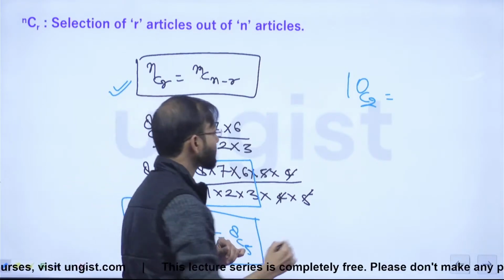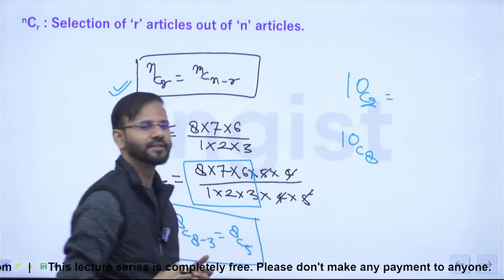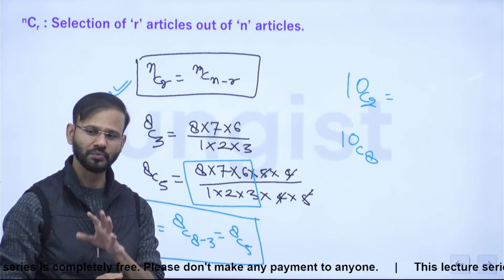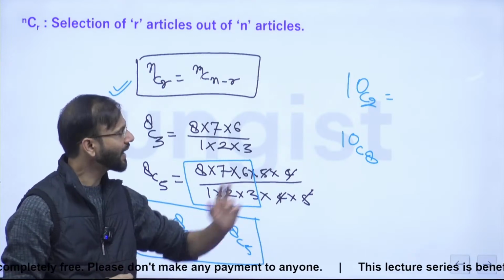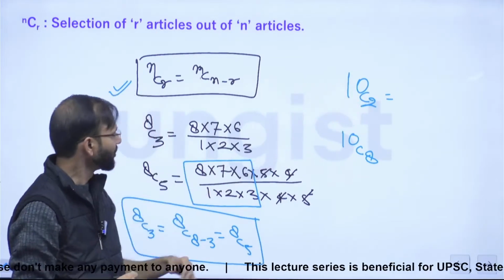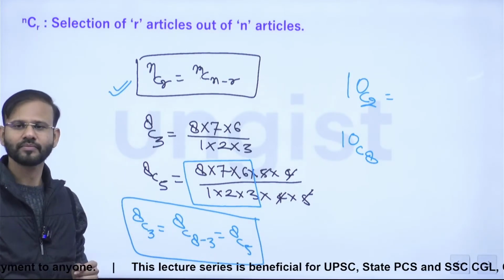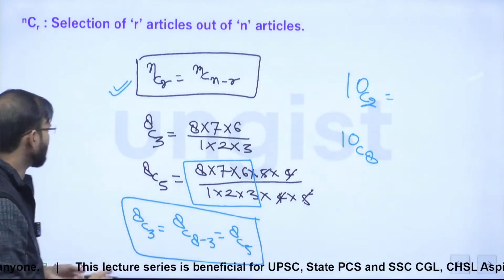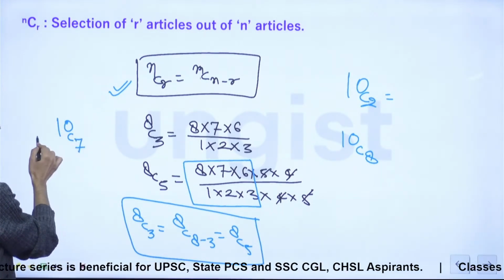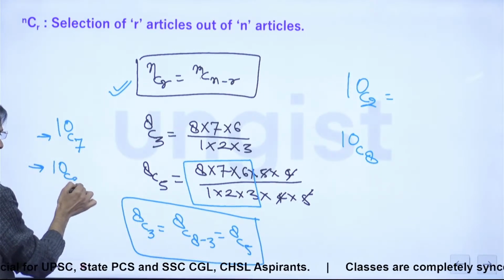So now guys, suppose that you have to find 10C8. Don't try to find 10C8. Rather try to find 10C2, and you know the value of 10C2, which is 45. If you need to find 8C5, then rather try to find 8C3. Again, if you have to find 10C7, what exactly will you try to find? 10C3.